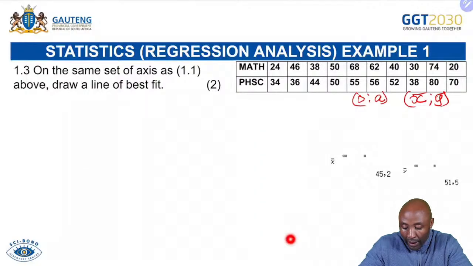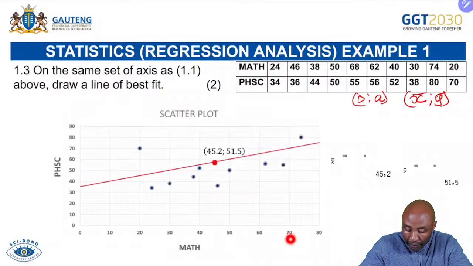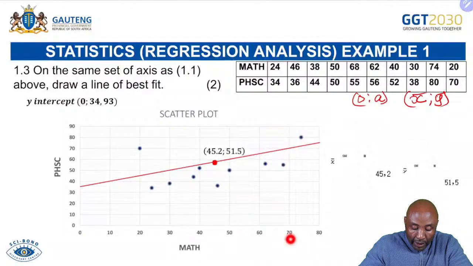So we have our mean for the y, our mean for the x, and we know that our y-intercept will be 34.93, which is almost 35. We draw our line of best fit like that.